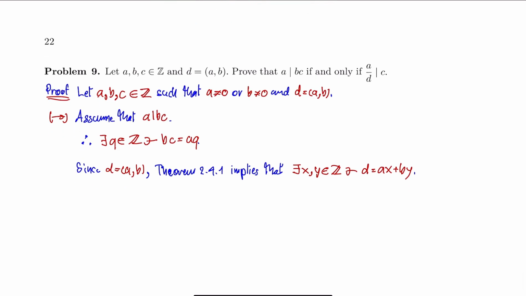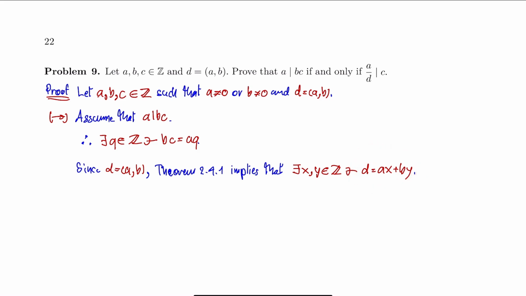So now what can we do next? I try to show that a over d divides c. I need to write c in terms of a over d multiplying some number. So I want to multiply c on both sides of this equation.